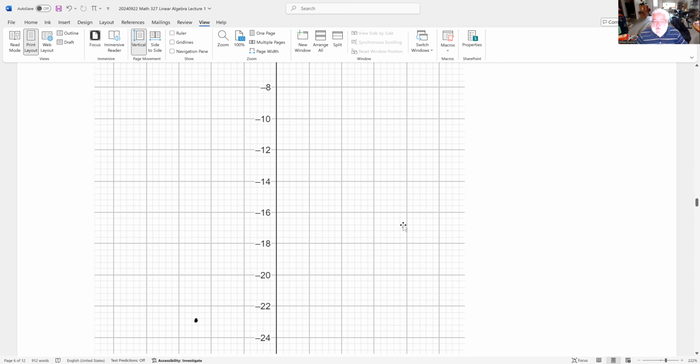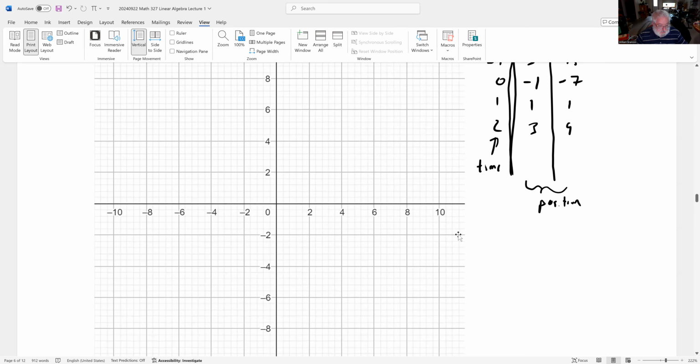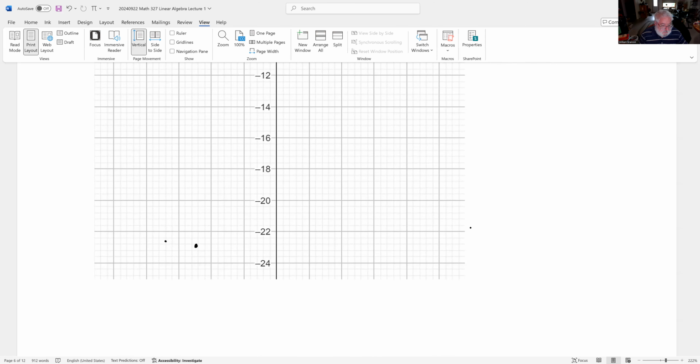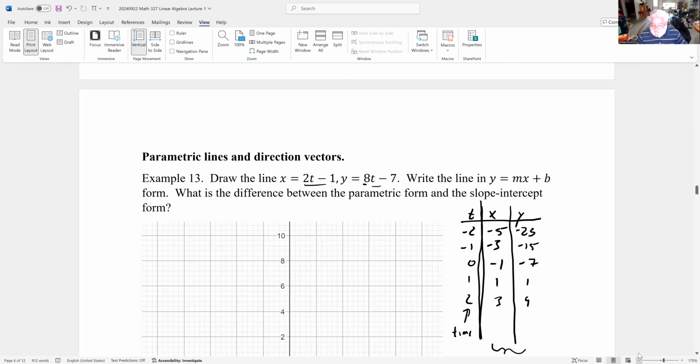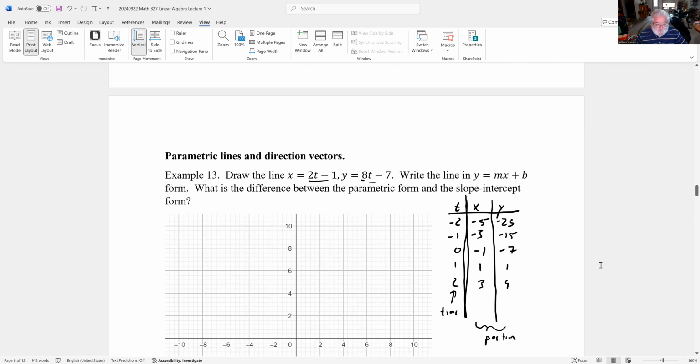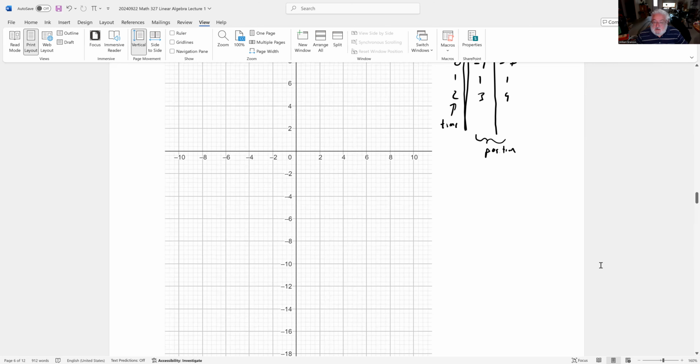And we'll put a little label on that, t equals -2. I think just to make this a little bit easier, I'm going to shrink down a little bit so I can see much more of the picture. So t equals -2 is down there.